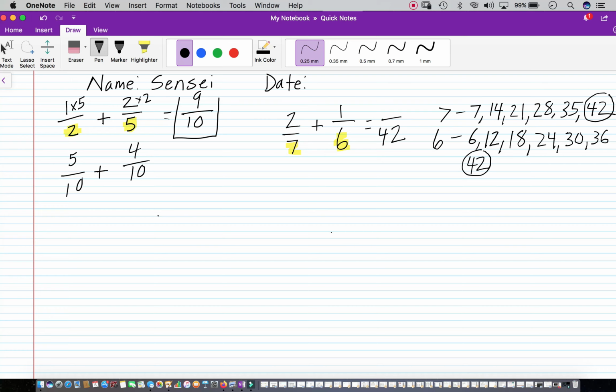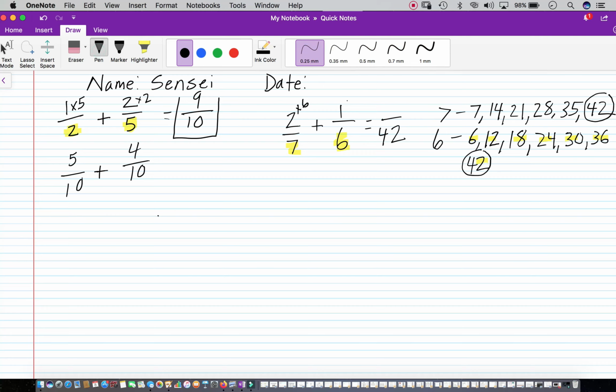So now, to keep us from having to make a new fraction line, 7 times what gives us 42? Still our denominators. So 7 times 6. We'll take that 6 multiplied by our numerator. 6 times what gives us 42? If you want to, you can actually add these numbers up: 1, 2, 3, 4, 5, 6, 7.